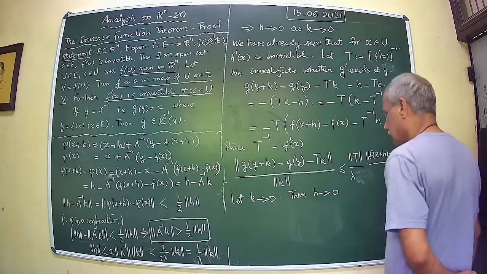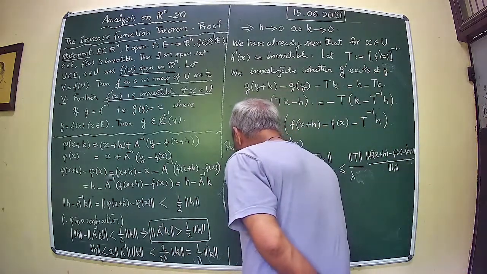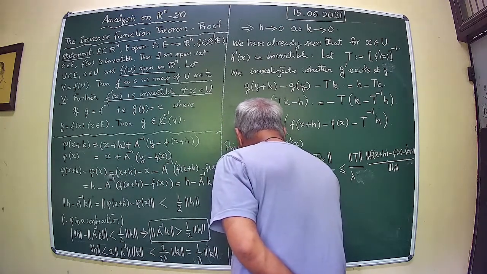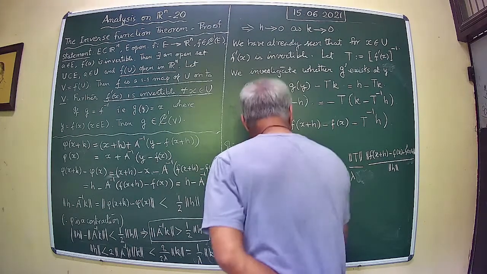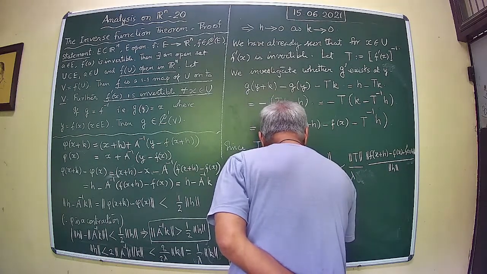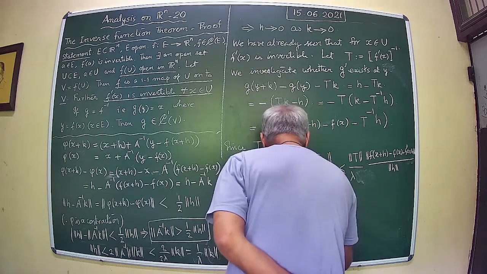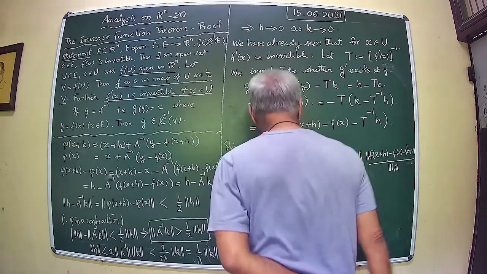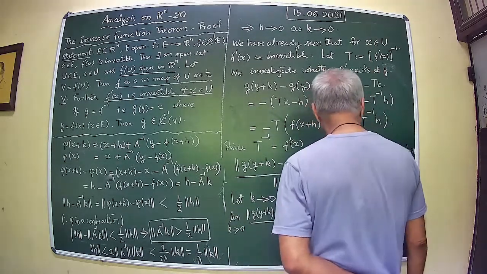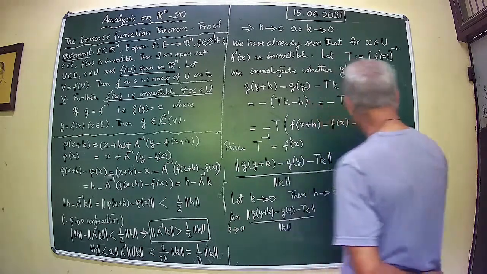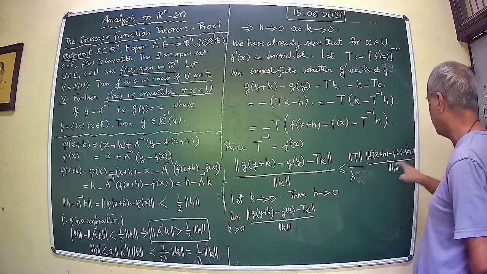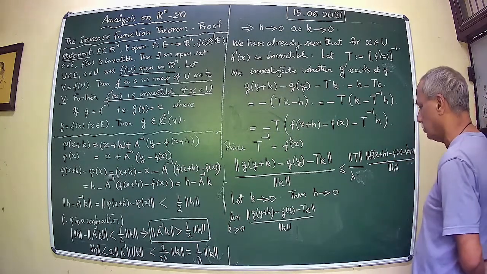So the limit as k tends to 0 of norm of g y plus k minus g y minus tk is less than or equal to norm of t, and this part goes to 0.